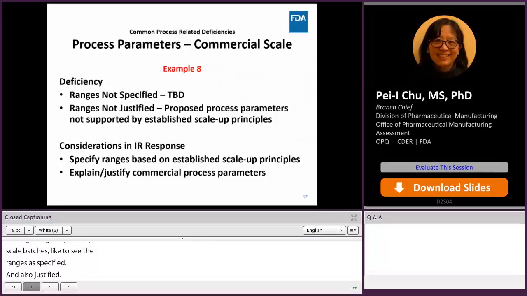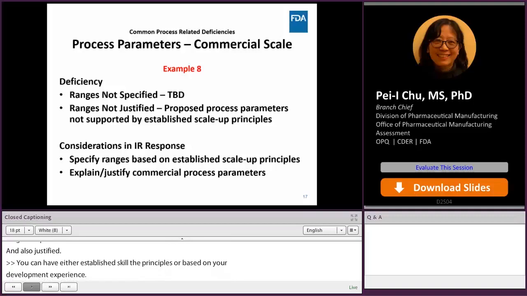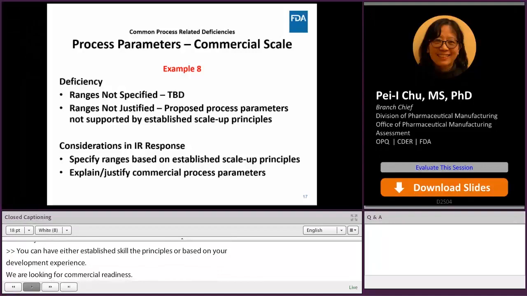As I said earlier, we're looking for commercial readiness. So providing those data is a way to demonstrate that you are understanding the critical process parameters and what's required to manufacture your product.